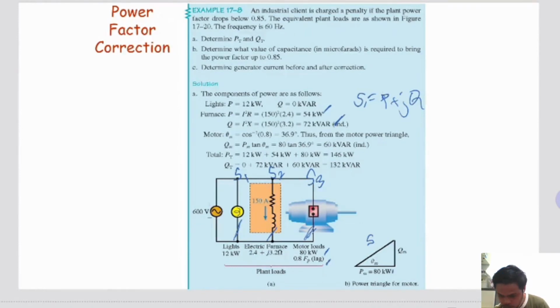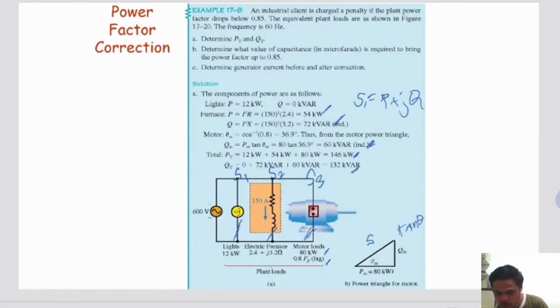So you can apply tangent theta. So this is your Q. So therefore, the total power is you have P1 and P2, 12, 54, and 80. So you have 146. The total reactive power is 0, 72, and 60.